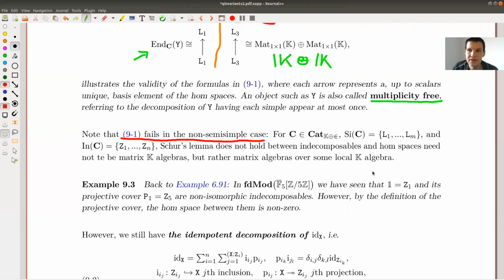So home spaces don't need to be matrix algebras anymore, but they still have some property. Usually something like a local algebra. So it's kind of the closest approximation to a matrix algebra, if you want. Just be aware that semi-simple is much easier than everything else.